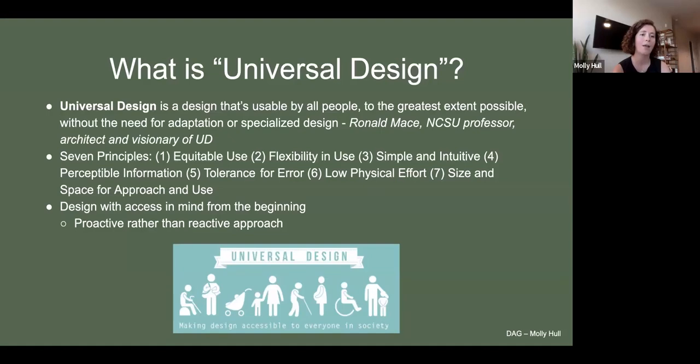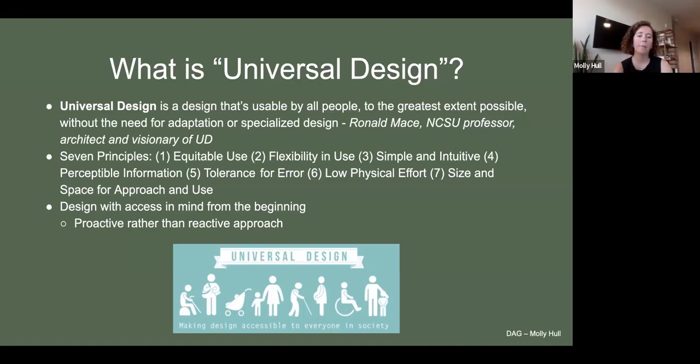Universal design was created by Ronald Mace, who was a professor at NC State University. He was an architect and the visionary of this principle. Essentially, universal design is a design that is usable by all people to the greatest extent possible without the need for adaptation or specialized design.